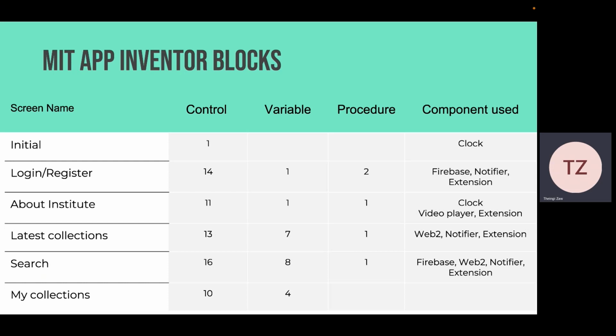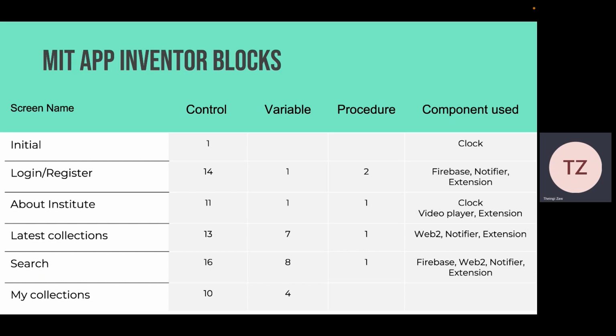For the latest artworks collection, there are 13 control structures, 7 variables, and 1 custom procedure. In this screen, the Web component is required to read the JSON data from the Chicago Art Institute API endpoint.